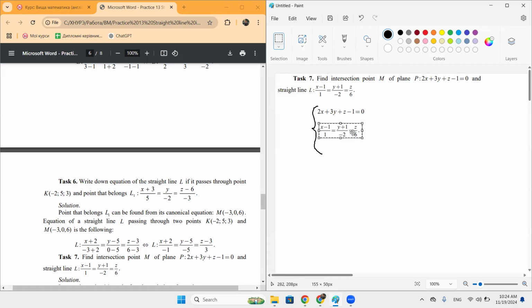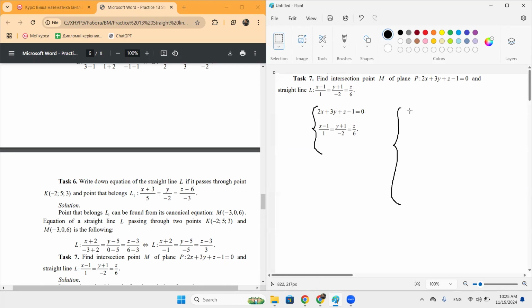Well, it can be a question from your side how to solve it because we have 4 equations and 3 variables. Well, here we need to use the parametric form of the straight line equation.